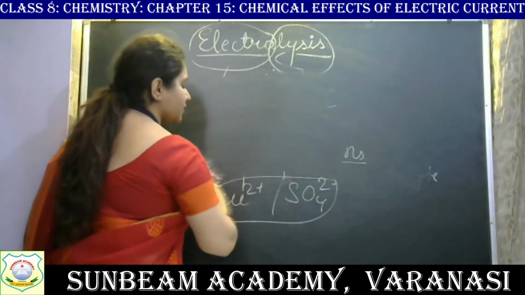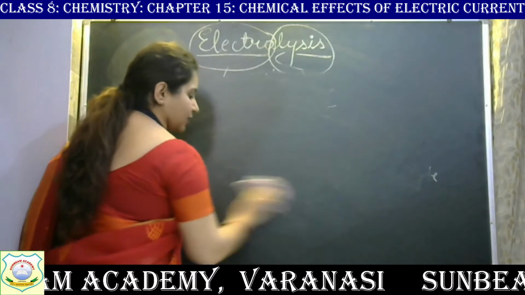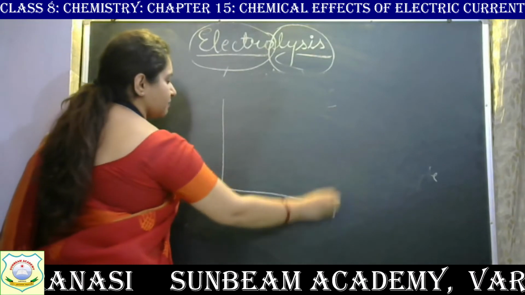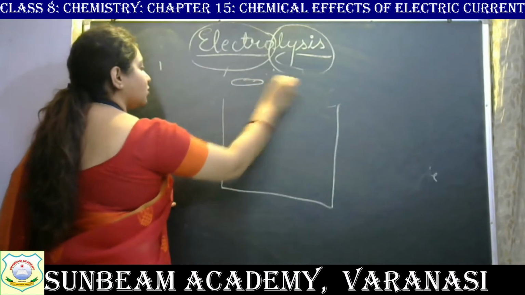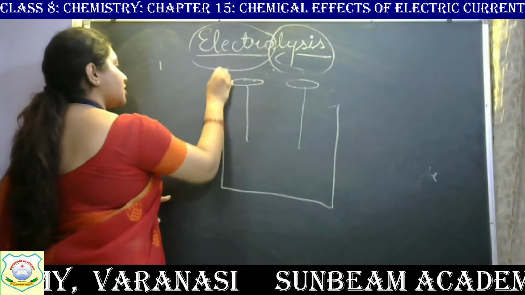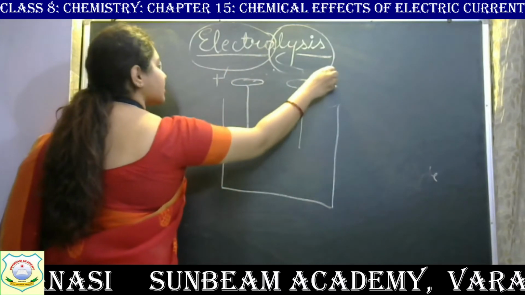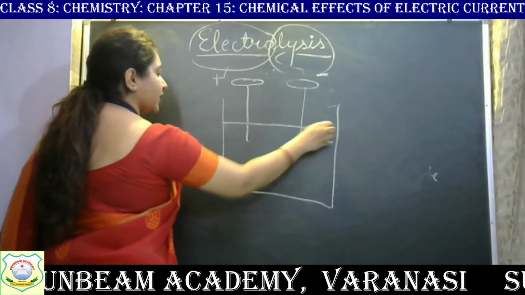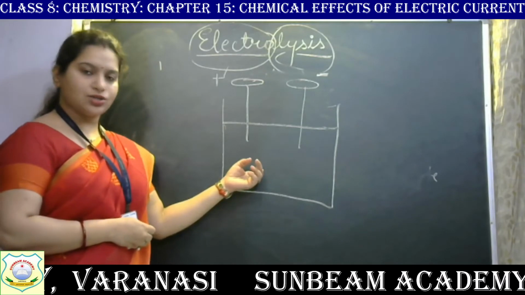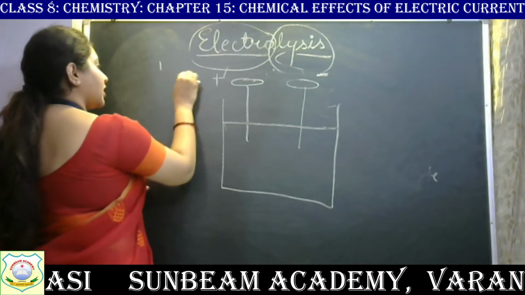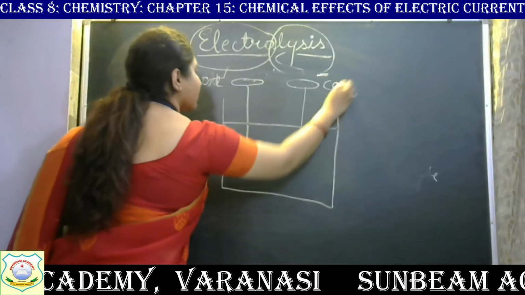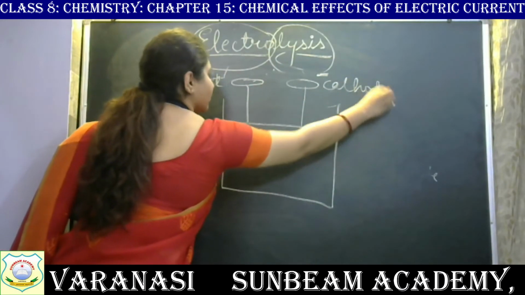Just now we have seen what is anode and what is cathode. Okay, so let's consider again the same beaker. We have two nails. Okay, one is positive, another is negative. We also have an electrolyte solution. Positive है तो ये क्या होगा? Anode. Negative है तो ये क्या होगा? Cathode.